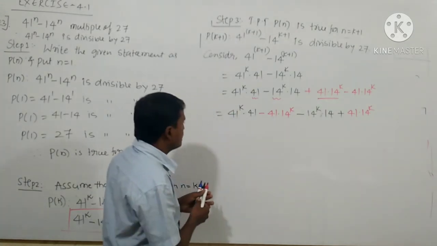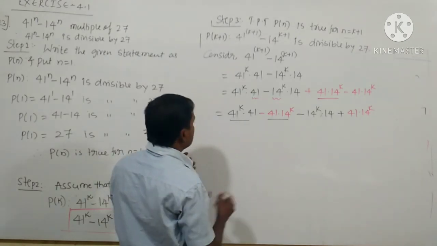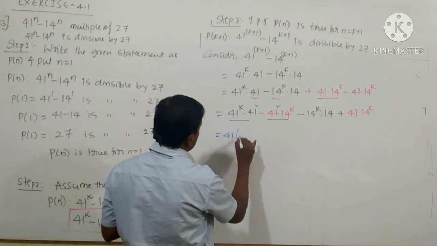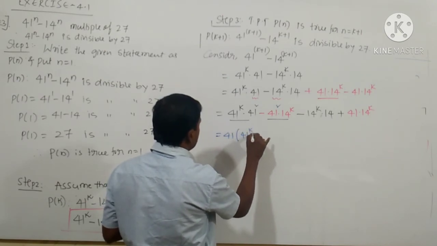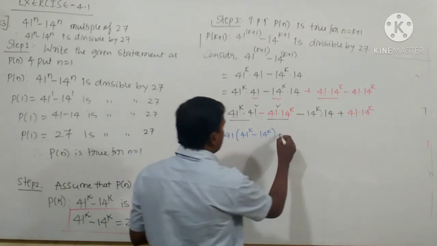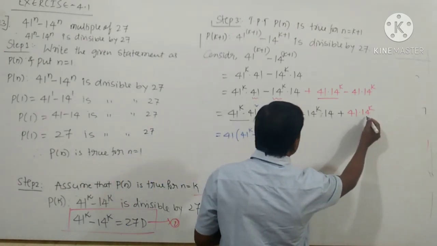So again here you should observe, here and here which one is common, that is 41 is common. Take 41 outside, what is the remaining? 41 raised to k minus 14 raised to k. Okay, and here it is plus, so here you have to take 14 raised to k outside.